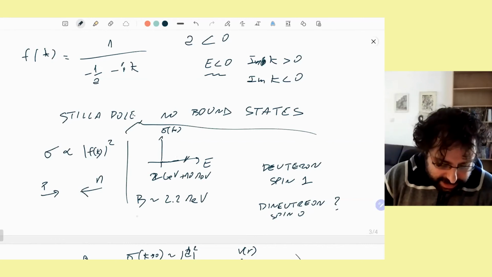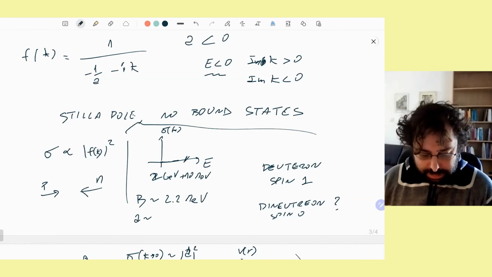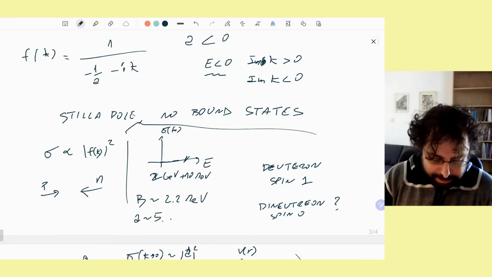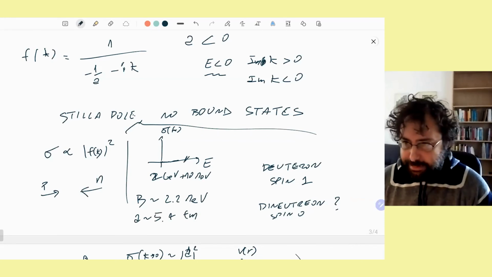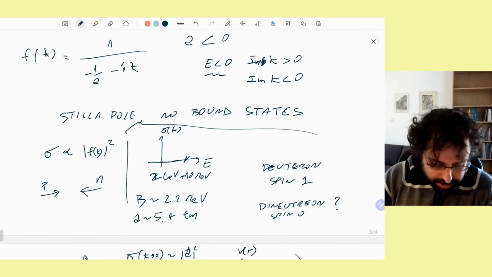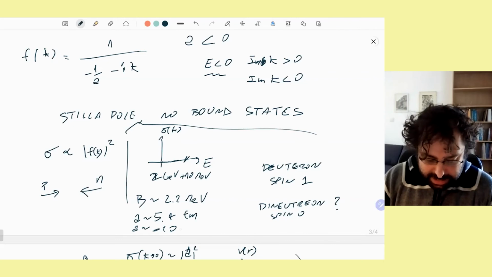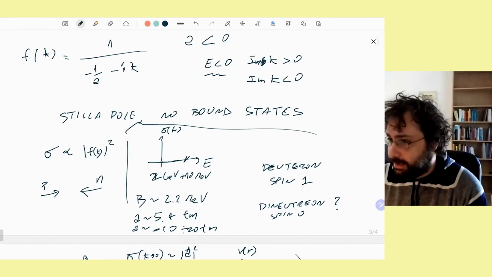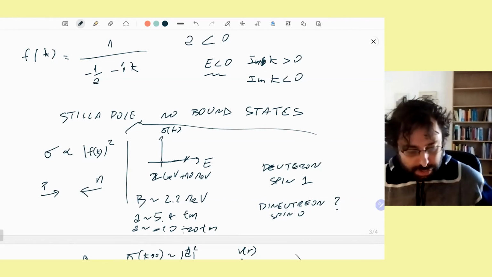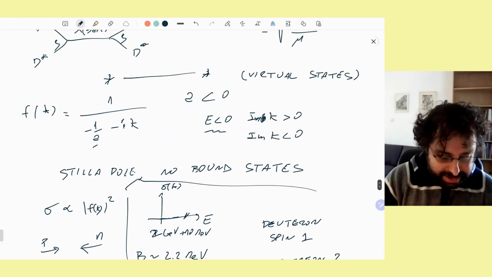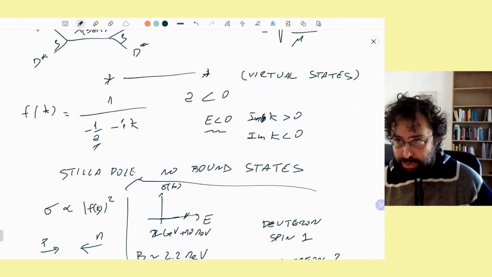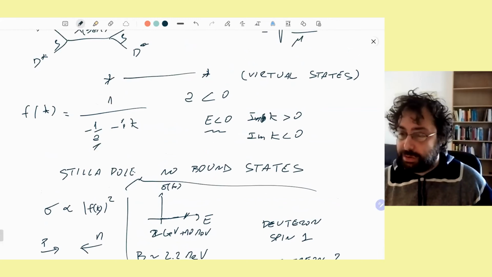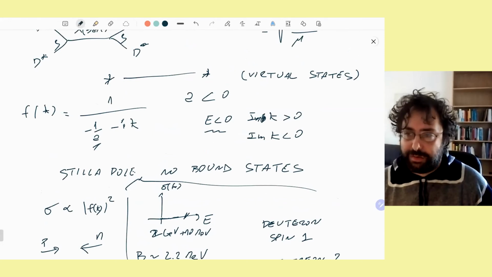And the scattering length that you get for deuteron is 5.4 Fermi. For dineutron, I don't remember the exact number. It can be minus 10 or 20. I don't remember. But the punchline is that it's negative and it's large. So since it's large, it means that this number here is small. So it corresponds to a pole that is also very close to threshold, just on the wrong sheet.